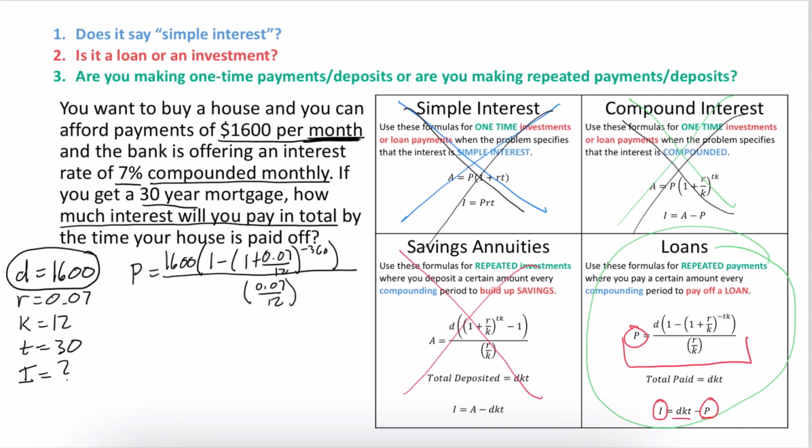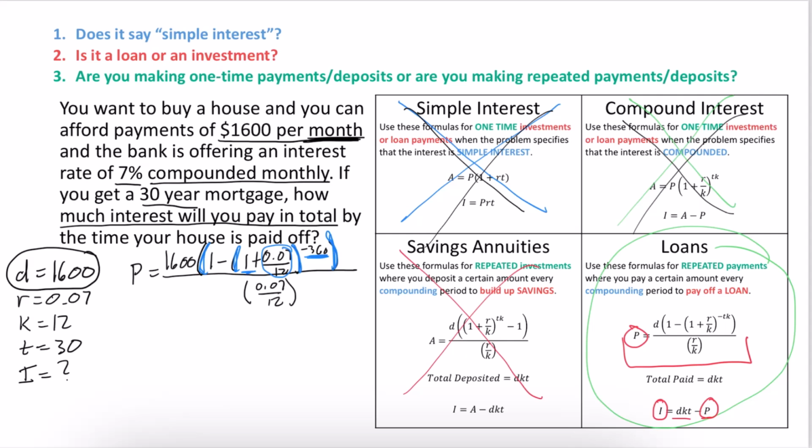And when you plug all of that into your calculator, you would start with the innermost set of parentheses, simplify the division, add 1 to that, then raise it to the negative exponent, and then make sure you do 1 minus that result, not that minus 1, because that will make it negative.